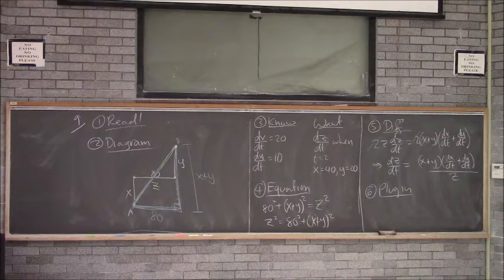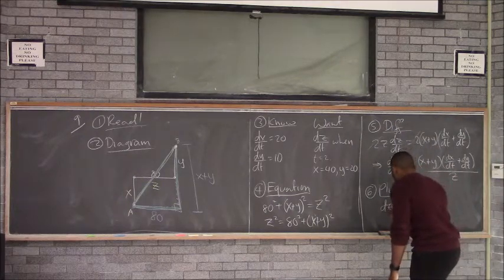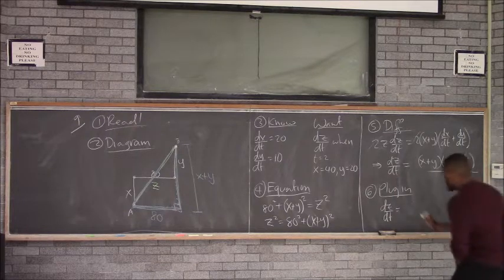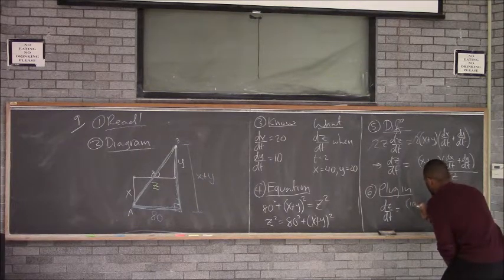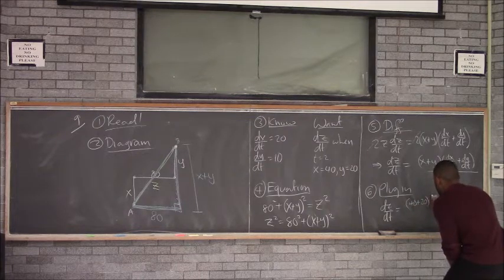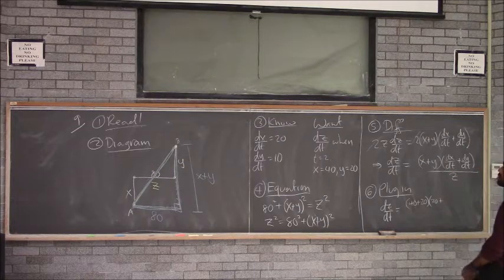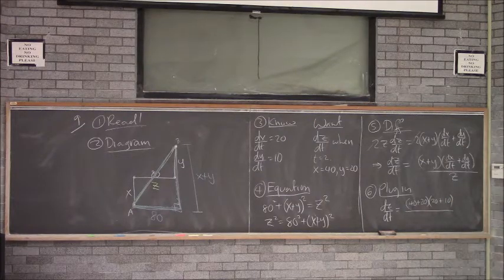Yes. So dz/dt is going to be 40 plus 20 times dx/dt plus dy/dt, all over, what is z?